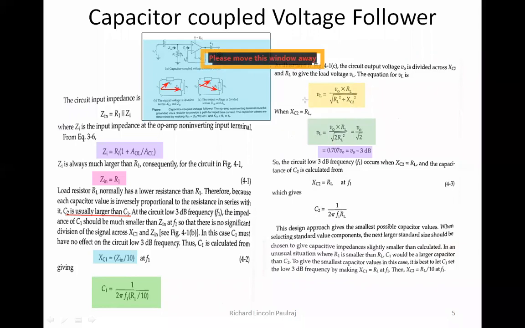Important, please make note of this, we will be using it for problems. C2 is equal to 1 by 2 pi F1 into RL. C1 is dependent on the value of R1, and at the C2 side, it's dependent on RL. Please make a note of this.